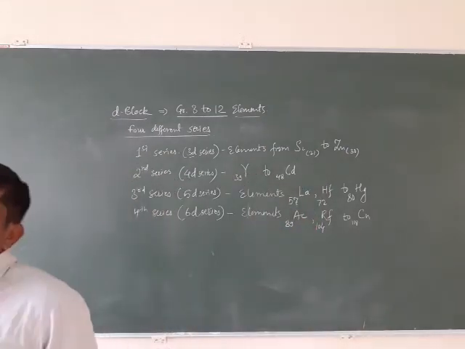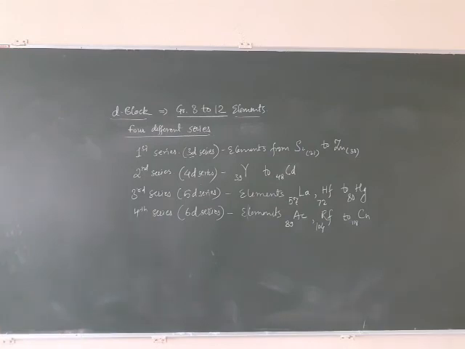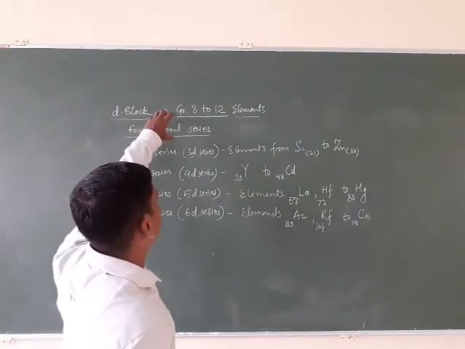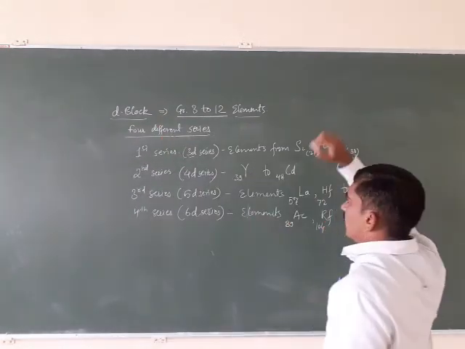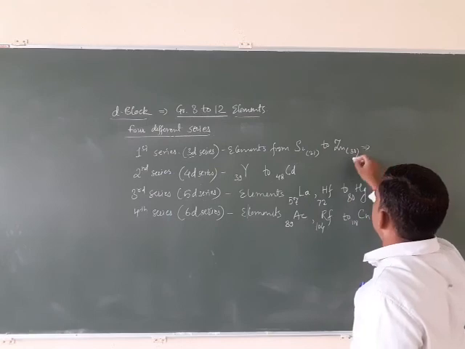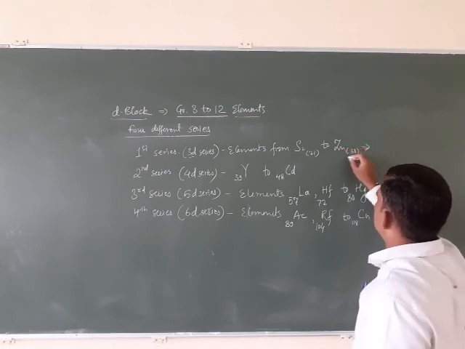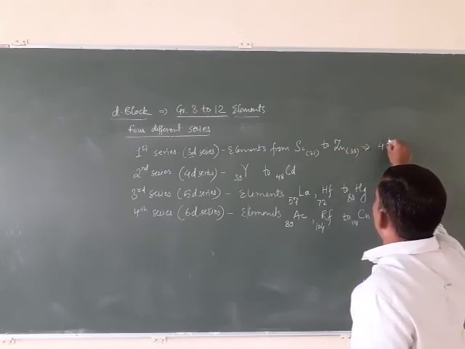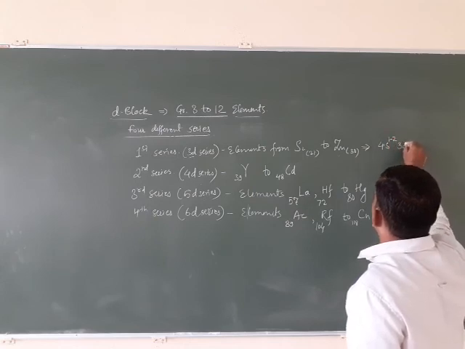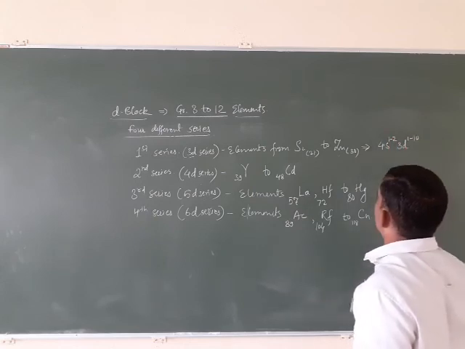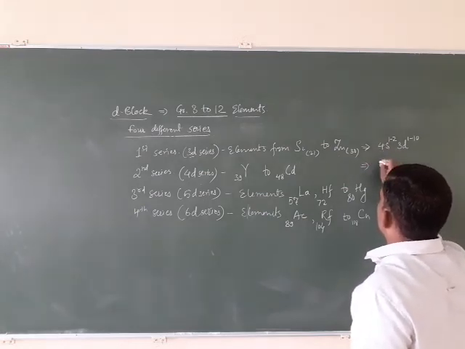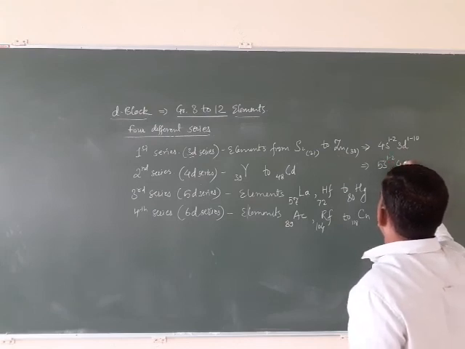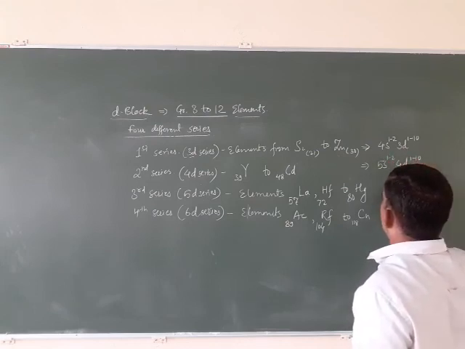So these are the four different series in which the D block elements are classified. We can write the general electronic configuration for each series. For the first it is 4s1 to 2, 3d 1 to 10. For the second it is 5s1 to 2, 4d 1 to 10.